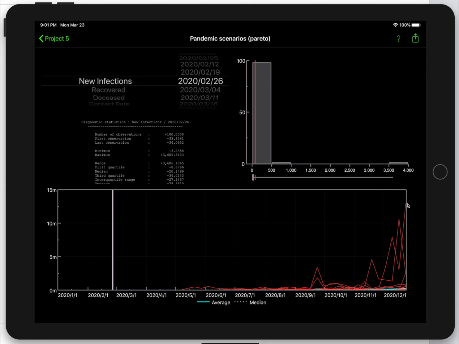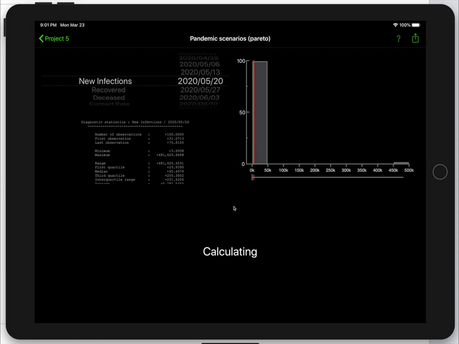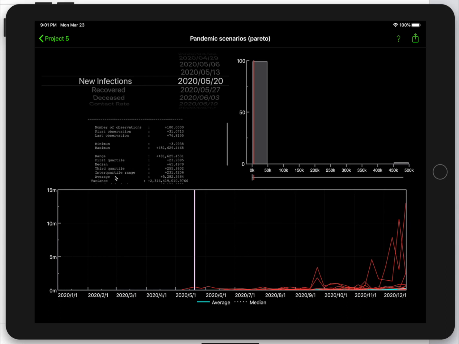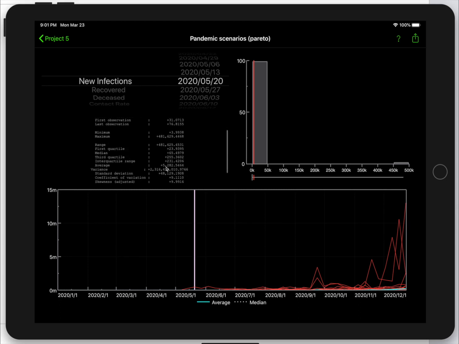Towards the end, we've got one outcome where it's at around, I don't know, 12 or so million. But mostly, the new infections are pretty tame. Let's say, for example, here, the average new infections is at 5,000, right? So even without any intervention, we just look at normal human behavior. Yes, there's a huge problem, but this is manageable.